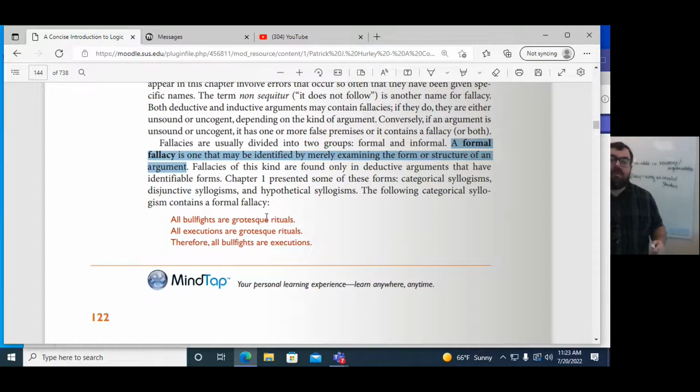So take a look at this example. All bullfights are grotesque rituals. All executions are grotesque rituals. Therefore, all bullfights are executions. Now, this actually looks like a really good argument. I don't know if you know this, but the Spanish tradition of bullfighting is one in which you fight a bull, and the bullfighters throw daggers into the actual animal.